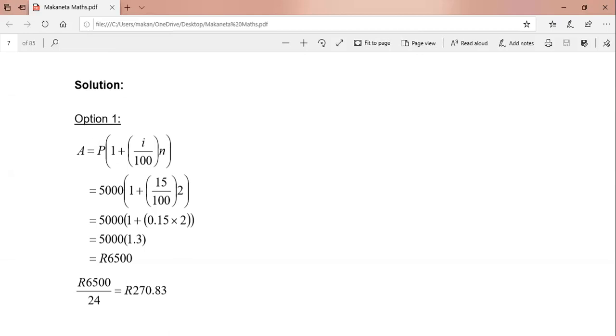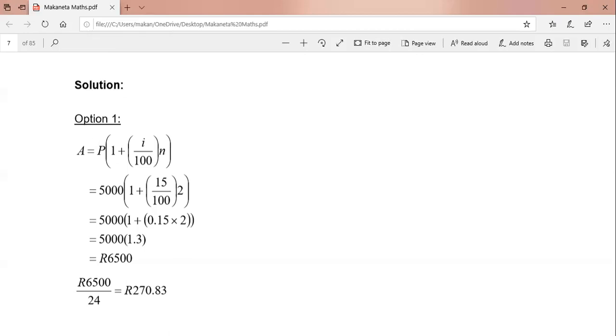And if you divide 6,500 by 24, you'll get 270 rands and 83 cents. So this is basically the amount which Thabo can pay monthly for a period of 2 years. So every month, Thabo will be able to pay 270 rands and 83 cents.